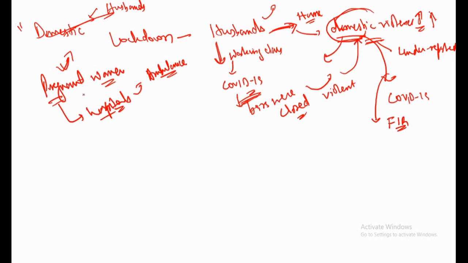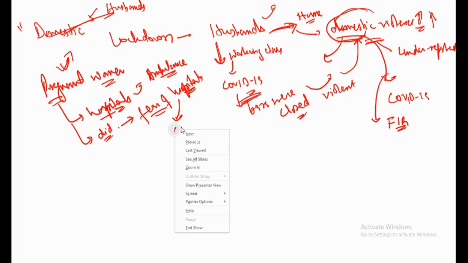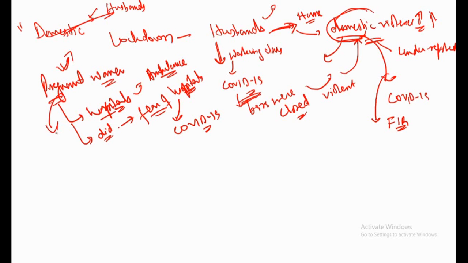You might have read those news reports. Many also did not go to hospital deliberately because there was a fear of hospitals. Most of the hospitals were declared COVID-19 hospitals, and people feared that when they went to hospitals they would become COVID positive, and that's it.